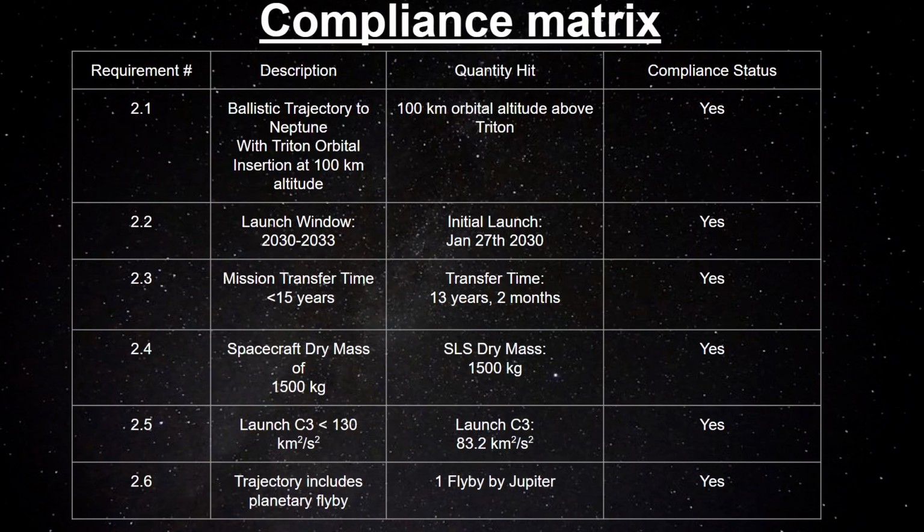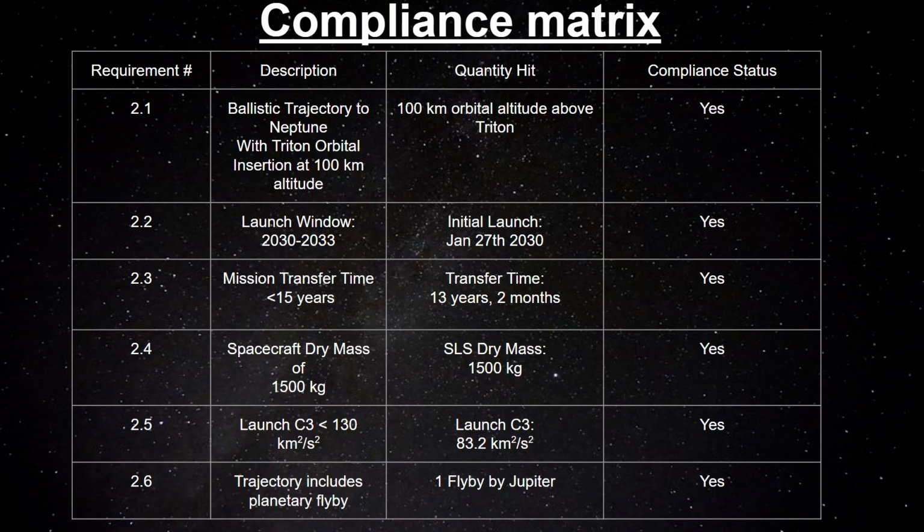So as you can see, we've complied with every single requirement laid out at the beginning, with a final orbital altitude above Triton at 100 kilometers, a launch window that fit within the 2030 to 2033 window at January 27, 2030, a mission transfer time of 13 years, 2 months total, and a spacecraft dry mass of 1,500 kilograms.